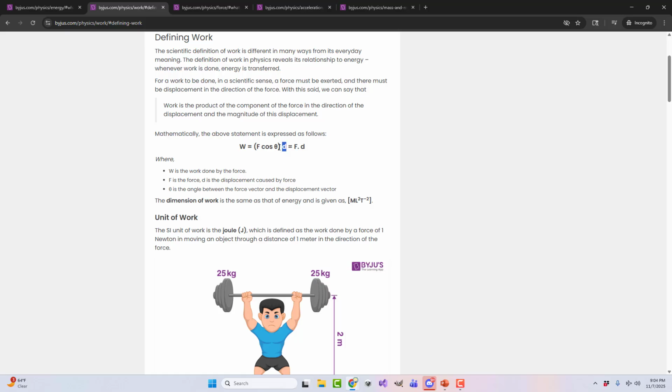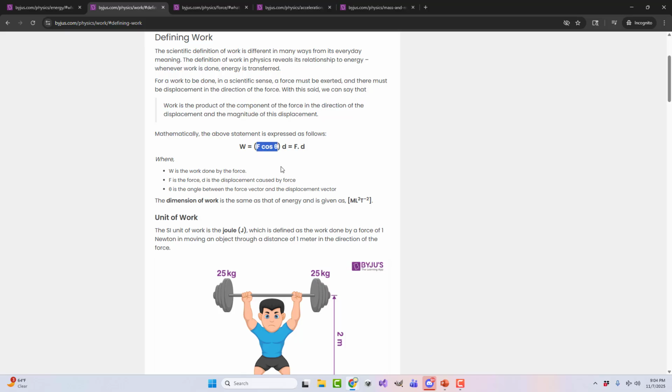I think we don't need a definition for distance; we're all in the same place there. And then we want to take the amount of displacement, the distance the object moved, and multiply, product means multiply, by the component of the force in the direction of the displacement. So that's this.